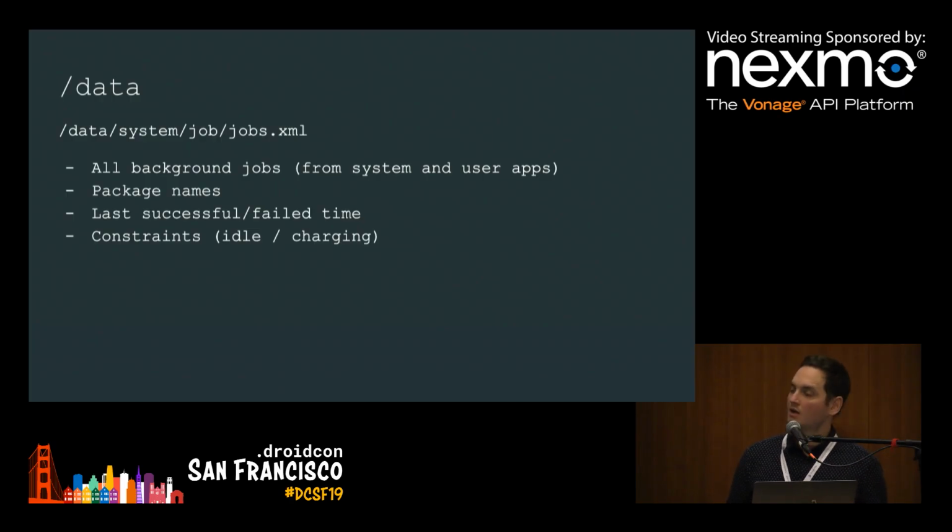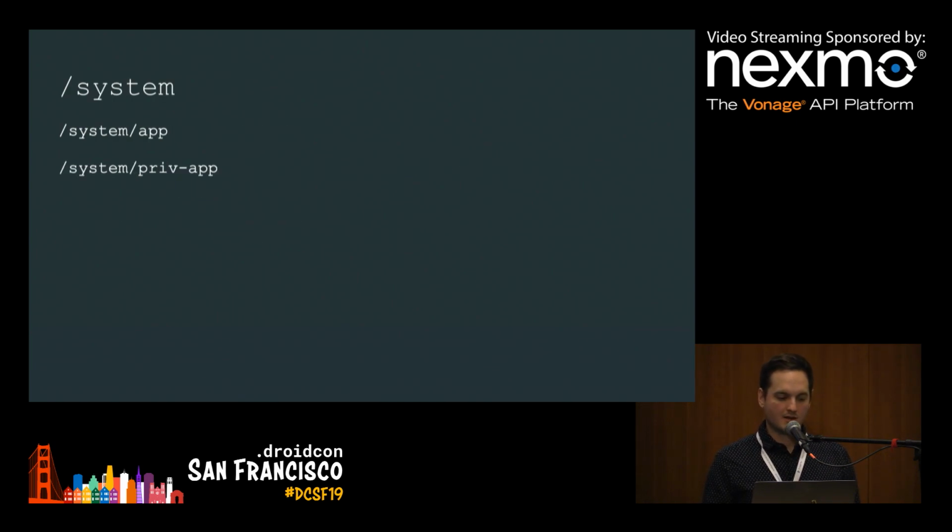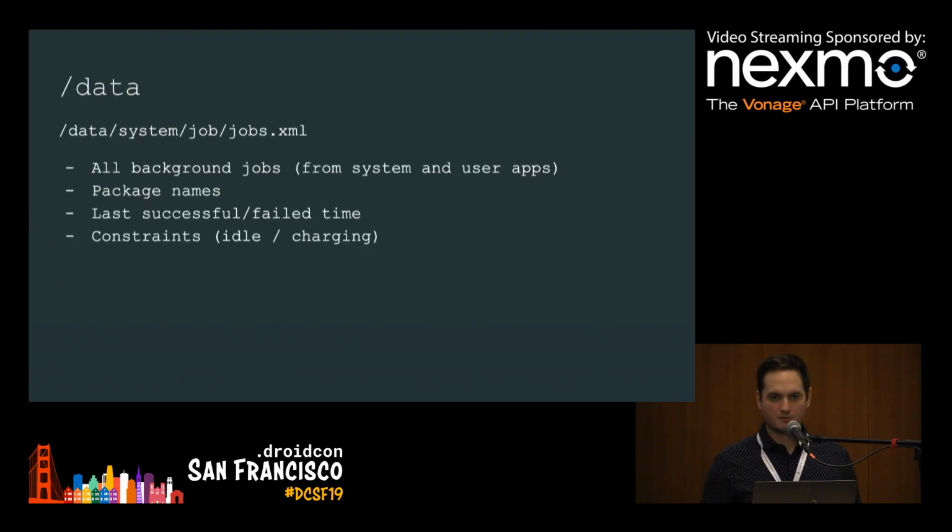Or if we are using background jobs extensively, we can debug it this way. And in the end, I'll also show you how we can force background jobs to be executed for debugging purposes, for example.